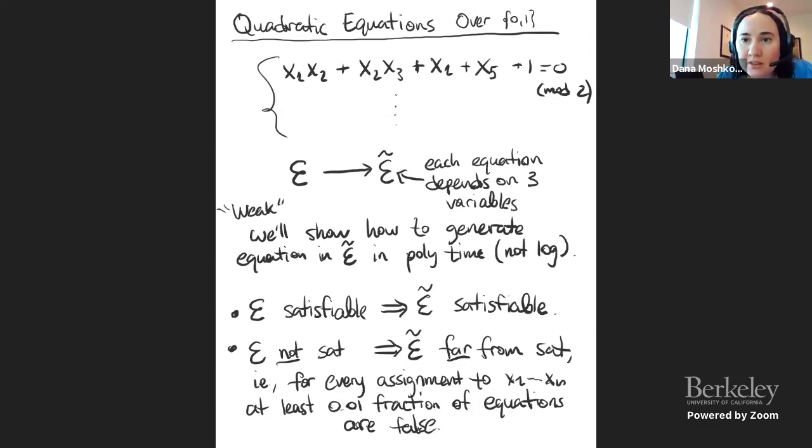More questions? Okay. Can E tilde be allowed to satisfy at least 0.99 fraction of edges instead of being three colorable? So this is what I said in the previous slide.